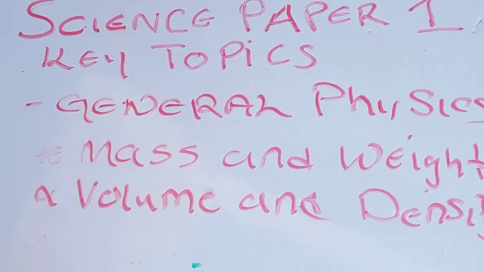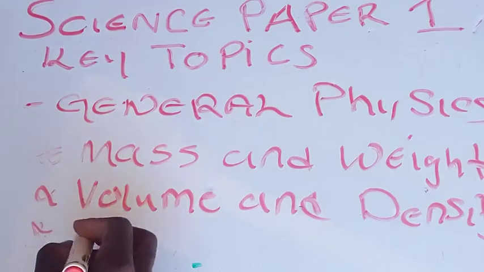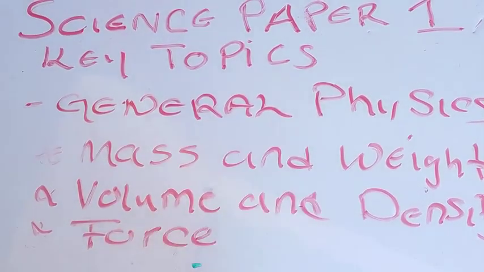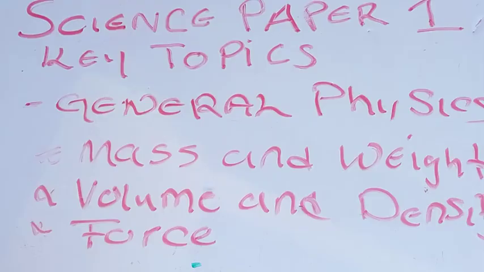I'm sure you are following me. Under general physics, also know force. In the paper 1 physics exam, they usually ask you to find the force of something. So know force and also the formulas.